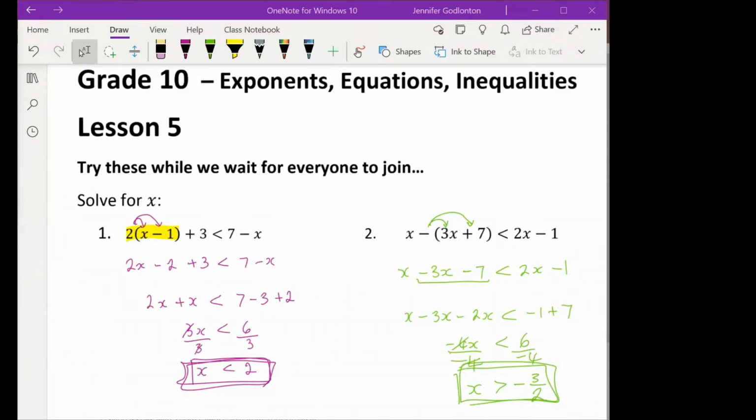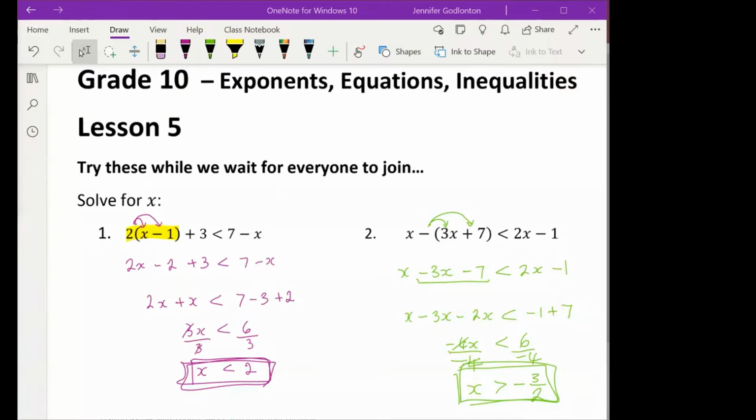Okay, but x minus 3x, that's going to be 1 minus 3, which is going to be negative 2x. So not positive 2x. Okay, that's where I think that went. All right. Next question.